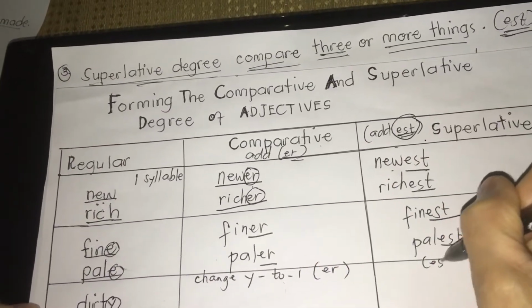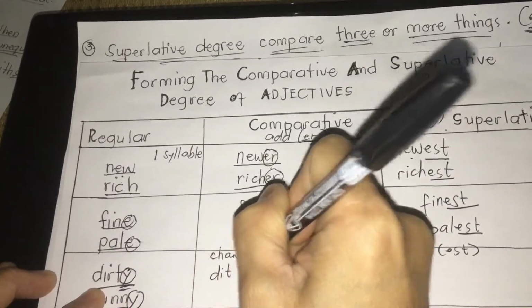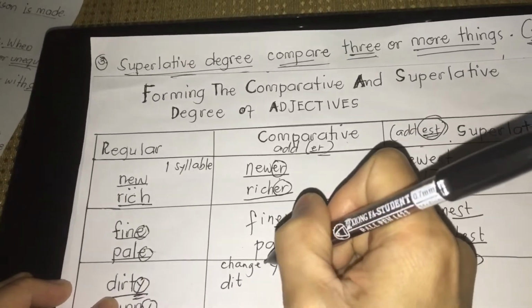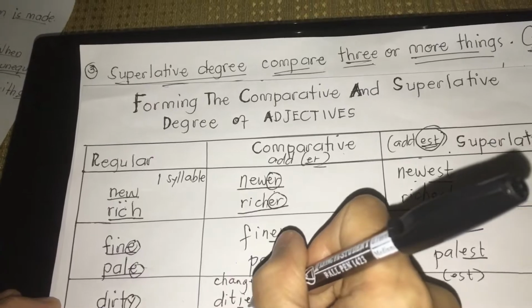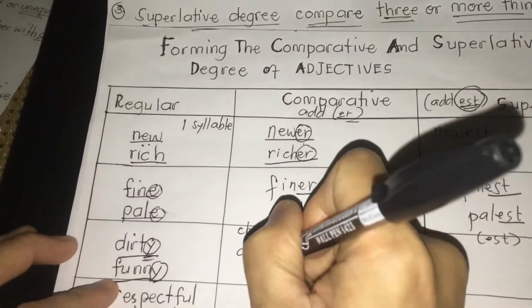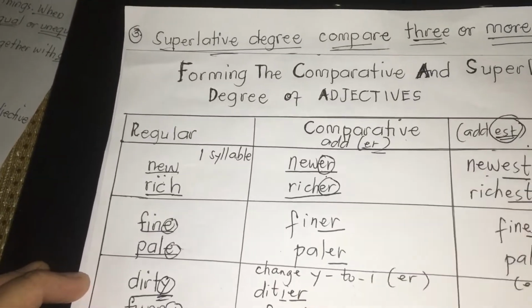Here we add est, like that. So for example, dirty, we are going to write here dirtier, I-E-R. Then funny, we add er, funnier.